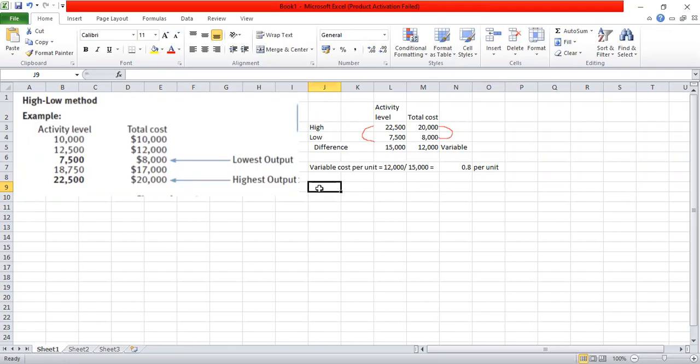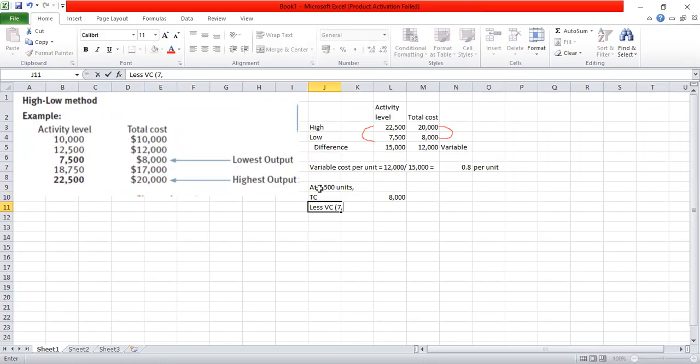So select any activity level. We can go with any activity level. Let's say at 7,500 units, what's the total cost? The total cost is 8,000. First from this deduct the variable cost. How much is the variable cost?